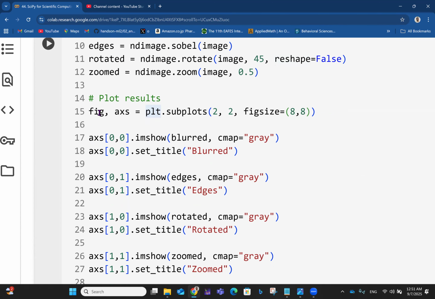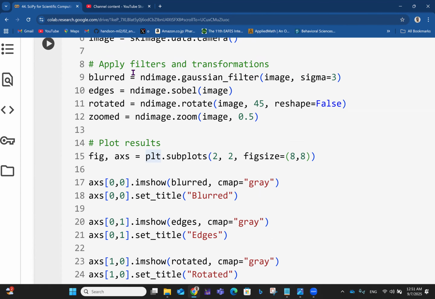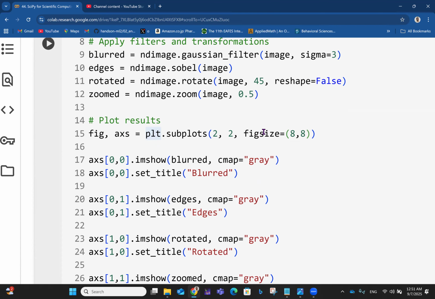Then you can plot the result. We have a figure and axes, and we want a 2 by 2 plot, that's 2 rows and 2 columns. I guess we don't have the original image. We have the blurred image, the edges, the rotated and the zoomed.